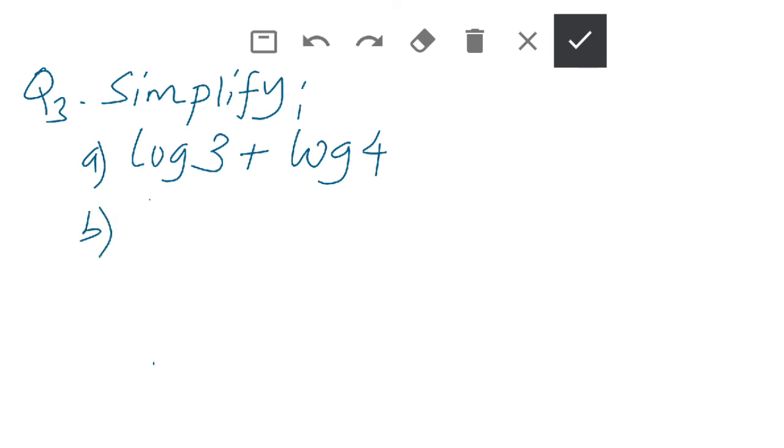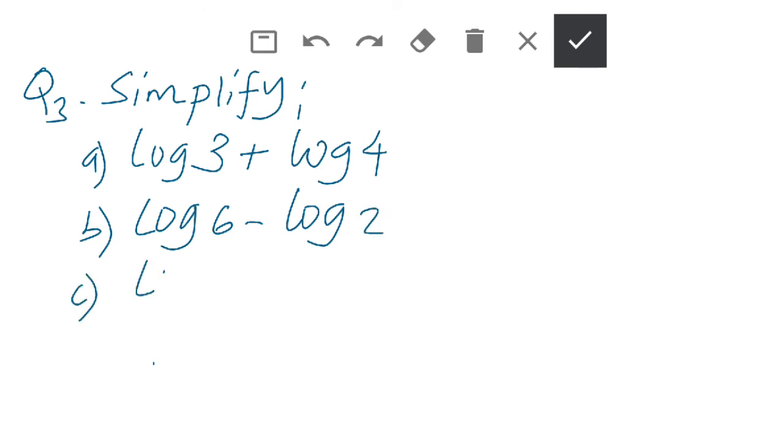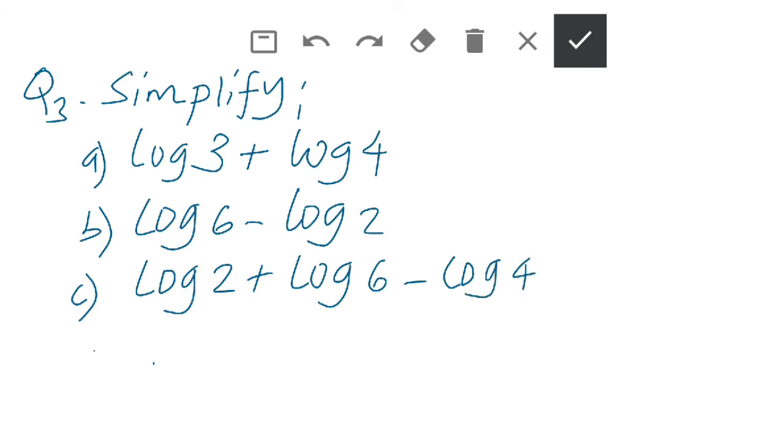B, log 6 minus log 2. C, log 2 plus log 6 minus log of 4.